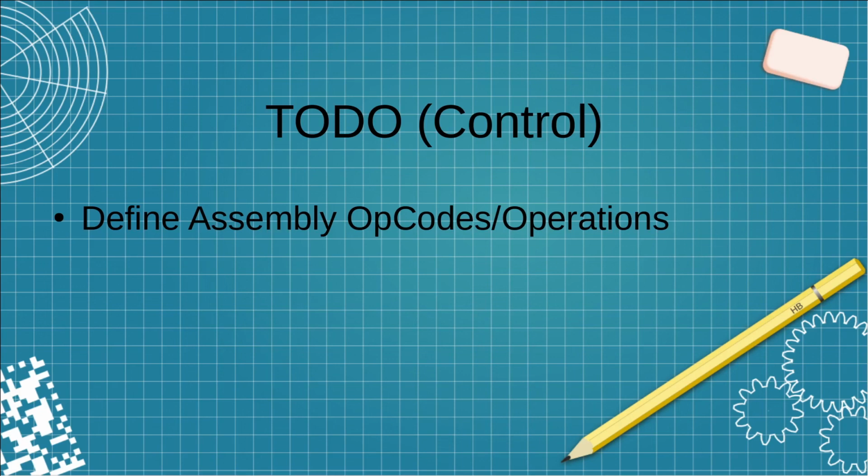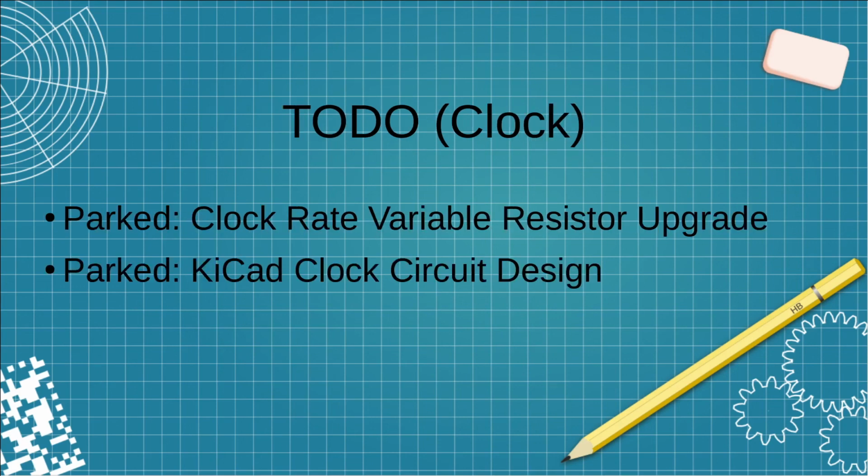And so I'm going to move this up into the list relatively quickly so that we start looking at some of the operations that we want to be able to do and defining what an instruction looks like. Taking care of defining the opcodes early in the process is going to make it easier for me to explain what the hardware is doing, because I will have some components to match that up to demonstrate some of my decisions. And finally, I still have my parked items for the clock.